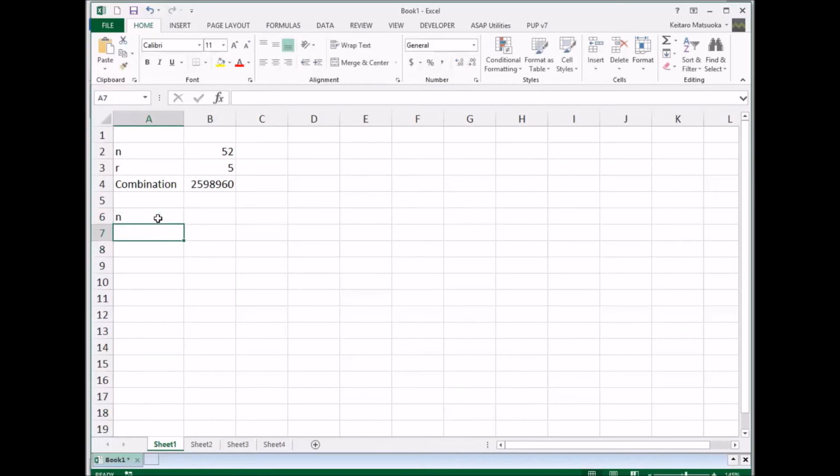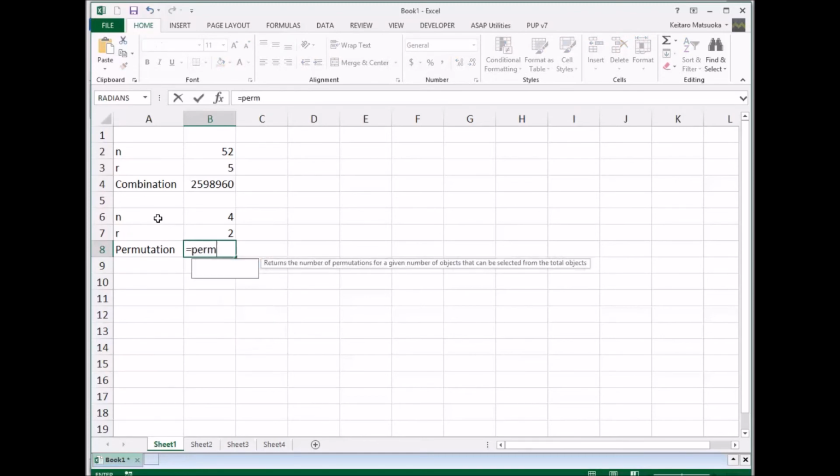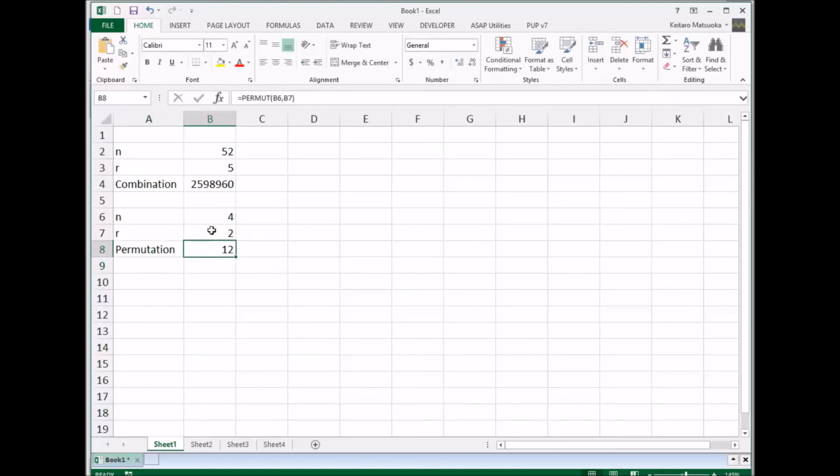Let's do permutation. 4 letters, 2-letter words. So this would be permutation. 4, comma, 2. Okay, so there are 12 words you can create from 4 letters and then 2-letter words.